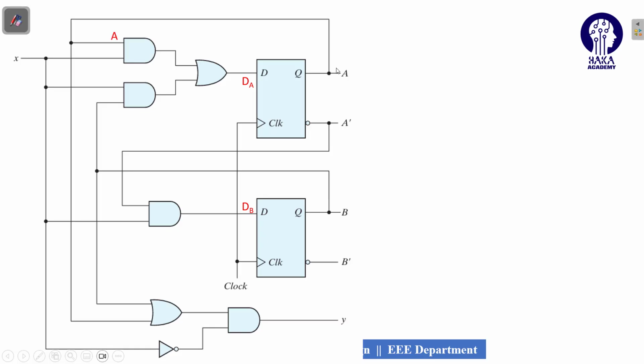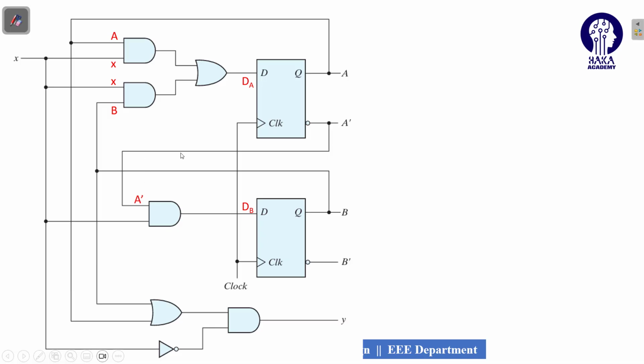Now if you look here, this output is connected here, so it means that here we have A, and this X comes here. So again from here X comes here. Now the B is connected to this input of the AND gate.